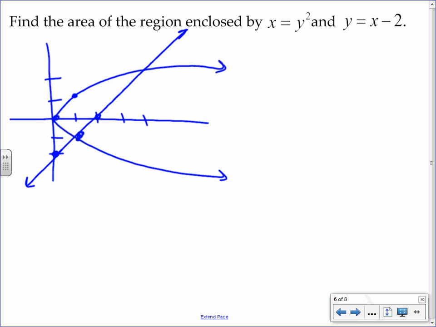Now, if we have these vertical rectangles, we are integrating with respect to x. Right? Now, x equals y squared. That's really not going to work to cut in our integral, is it?